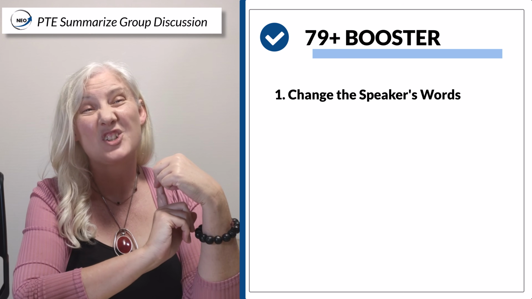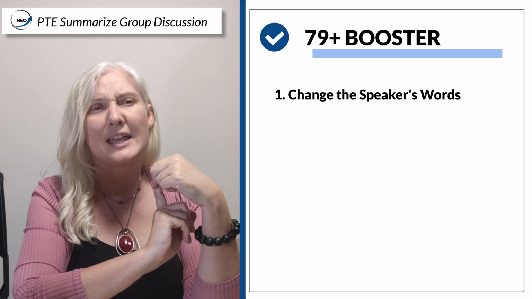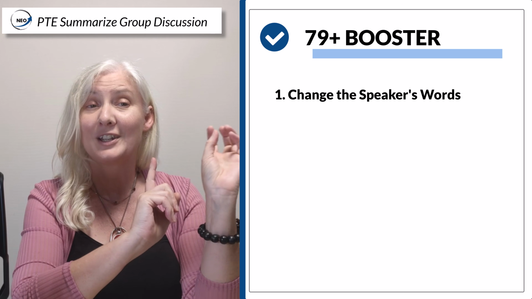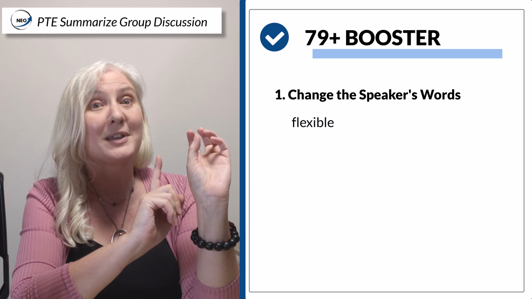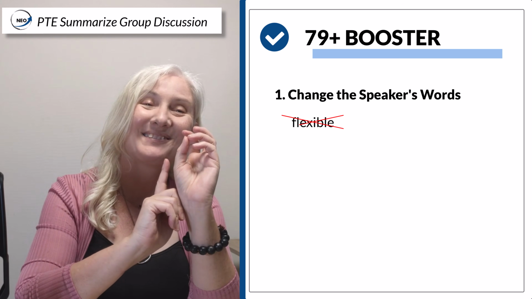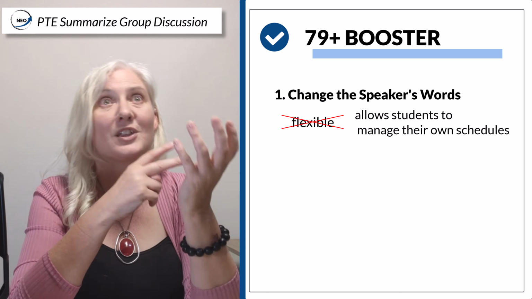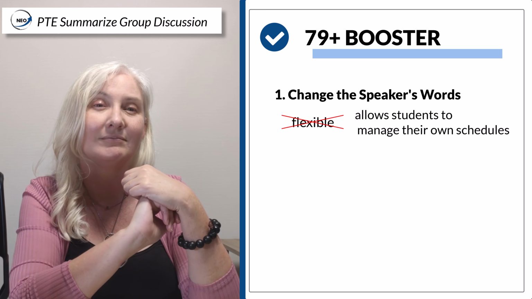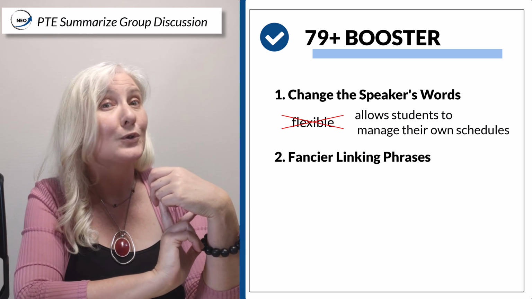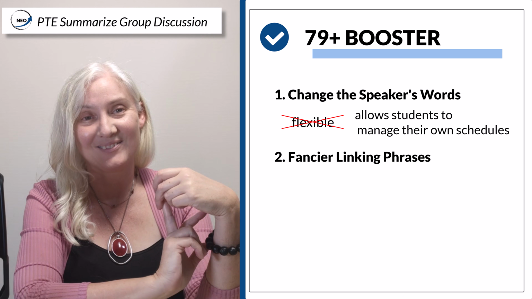1. Change the speaker's words. If the speaker says, "Online learning is flexible," don't just repeat, "Online learning is flexible." Say, "Online learning allows students to manage their own schedules." 2. Use fancier linking phrases.